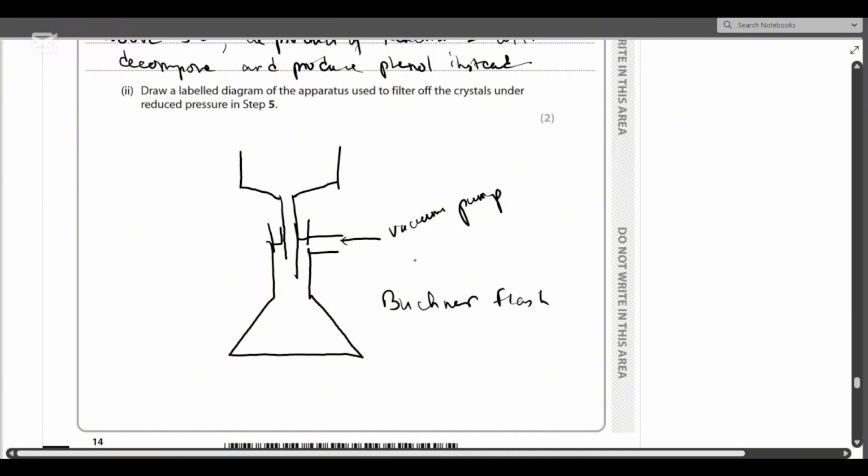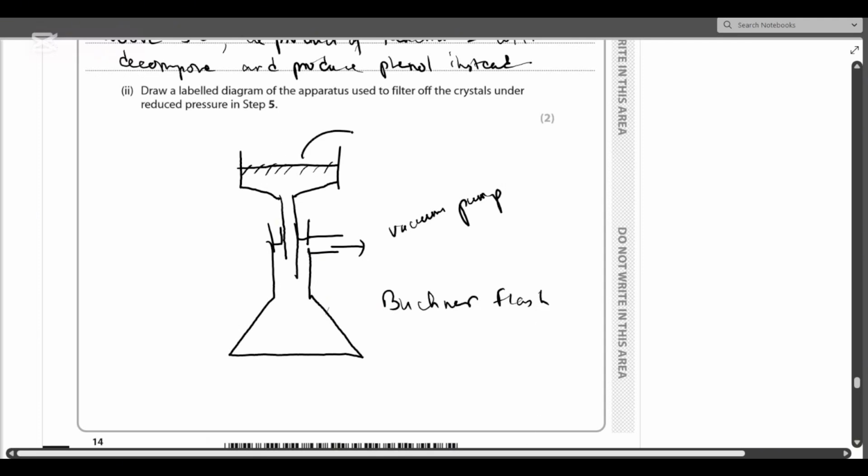So the vacuum pump is used to suck all the air out from the Buchner flask, allowing the reaction products to be filtered under reduced pressure. In the Buchner funnel, we have a specialized filter paper which allows the solution to fall down while the crystals stay above the filter paper.